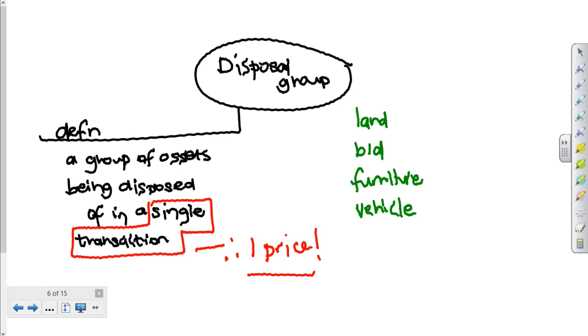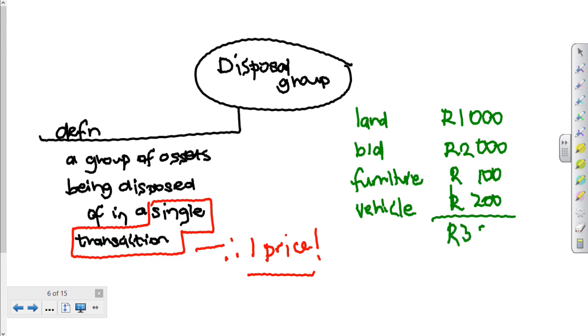So let's assume my land is worth 1 million, my house is worth 2, my furniture is worth 100,000 rand, and let's assume I have a car that's worth 200,000 rand.